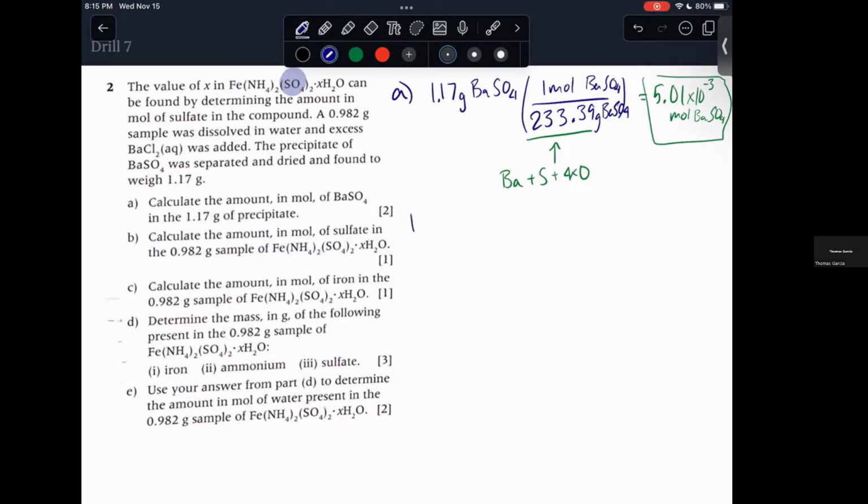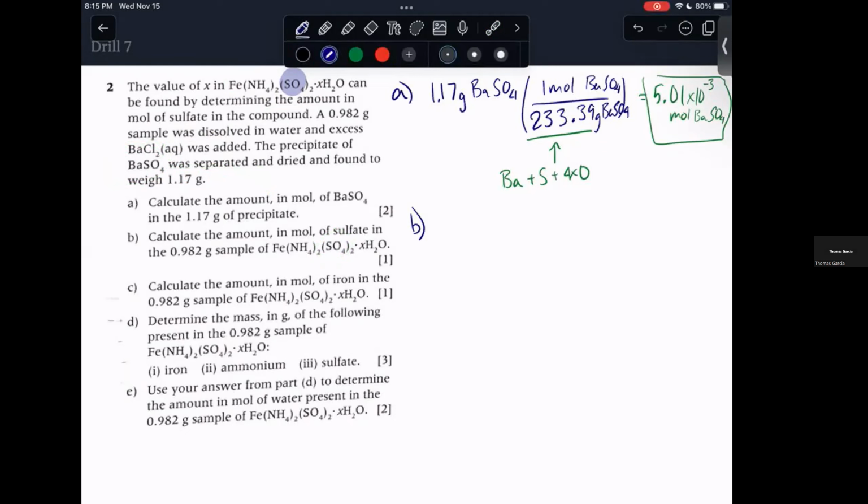Now going on to part B. Calculate the amount in mole of sulfate in the 0.982 gram sample. I'm not going to resay it all. So with that, we kind of have to go back to our text and see what was happening. Well, we know that we took our original sample, we dissolved it, reacted with barium chloride, and all of our sulfate precipitated in our barium sulfate. Therefore, the moles of barium sulfate we can use to get the moles of sulfate.